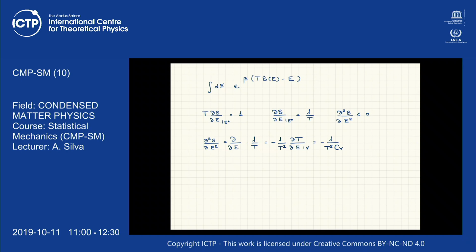And therefore what I get is that my integral, this guy here, once I do this saddle point approximation, is going to be equal to e to the beta (T S of E star minus E star) times the integral dE of e to the minus (E minus E star) squared divided by 2 T squared Cv.